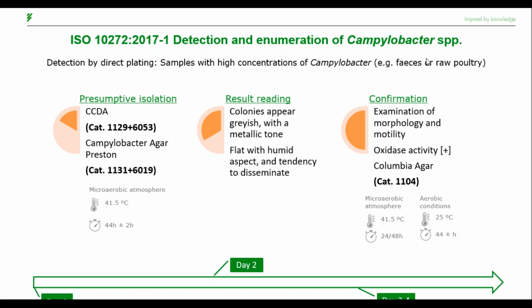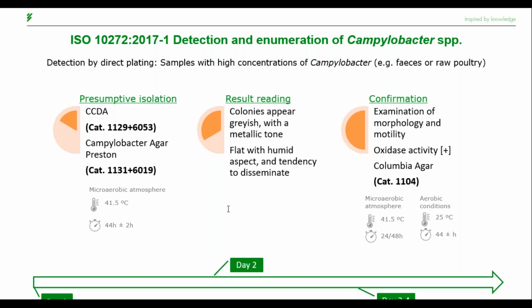Okay. And I think we have one more just to end. It's clear that Campylobacter is having more and more resistance against antibiotics. Would it have an impact on the ISO study protocols and methods? Yes, of course, because antibiotic resistance is a global concern at this moment.